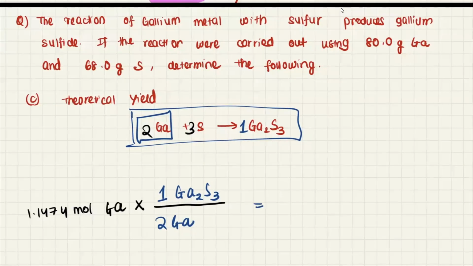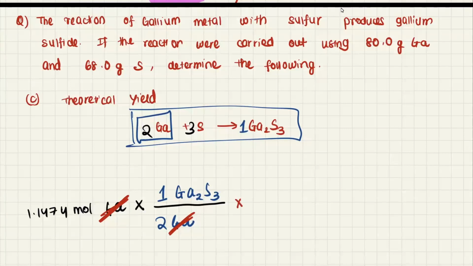So when we do that, we cancel the gallium, and whatever answer we're going to get, we're going to get it in mole of gallium sulfide, right?